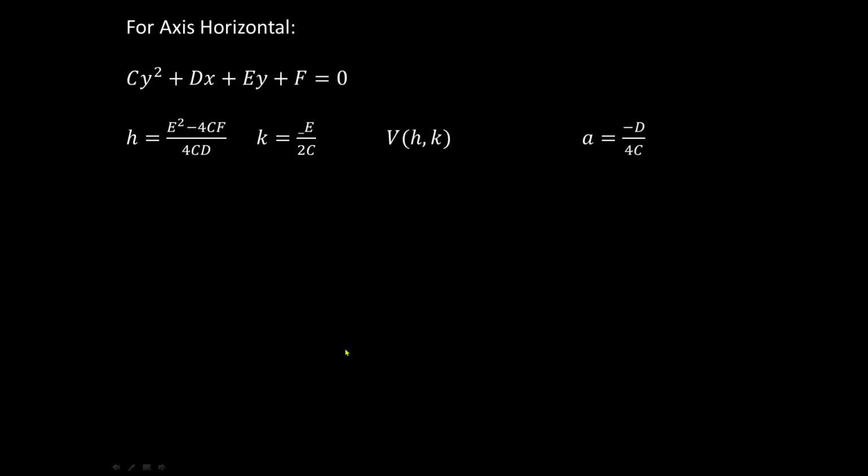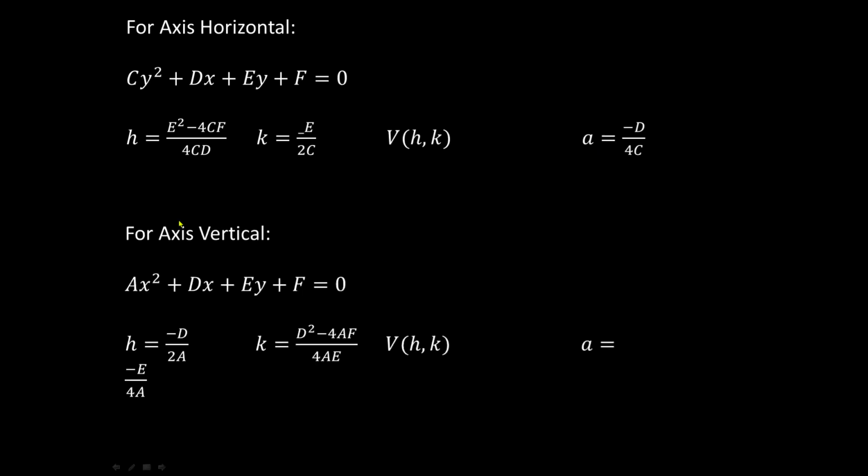For axis horizontal, just in case na ipinapahanap ang vertex ng parabola at ang value ng A, distance from directrix to vertex, or yung distance from focus to endpoint, at ang binigay na equation is in general form, at nakalimutan mo ang proseso ng completing the squares, kunwari lang na mental block ka, meron kang alternative solution. At yan yung mga formula ng paghahanap ng H, paghahanap ng K, at paghahanap ng value ng A. Shortcut yung mga yan.